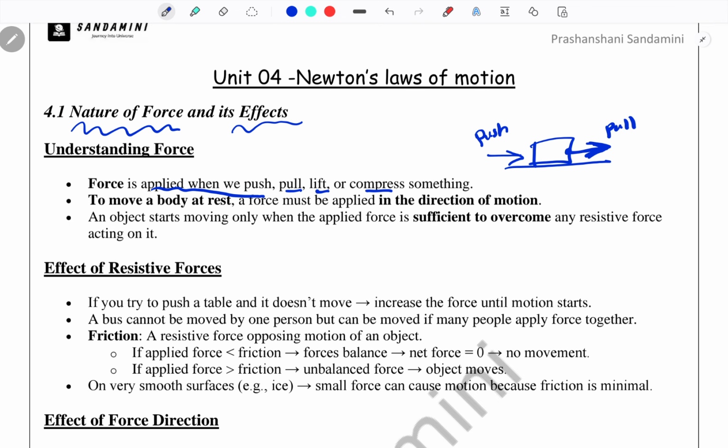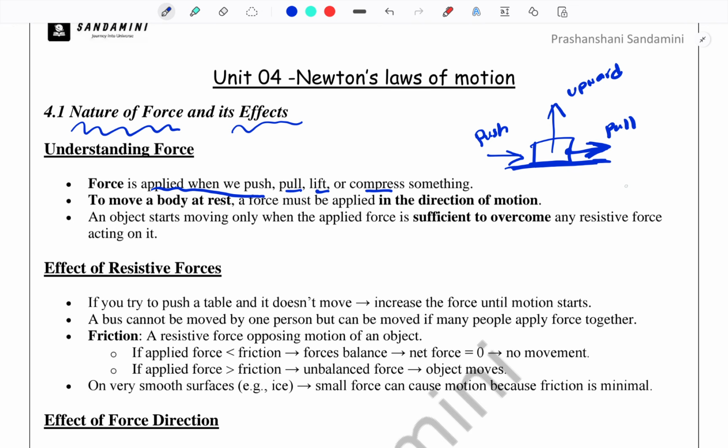And another thing is lifting. You are keeping this box on the table or somewhere else and you are lifting. That means an upward movement, right?